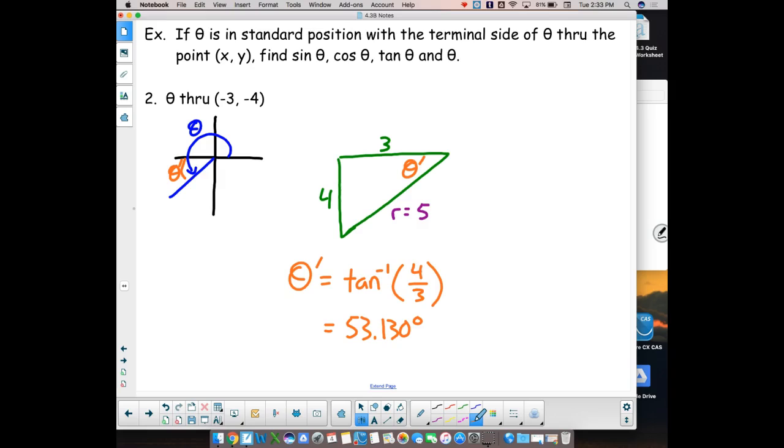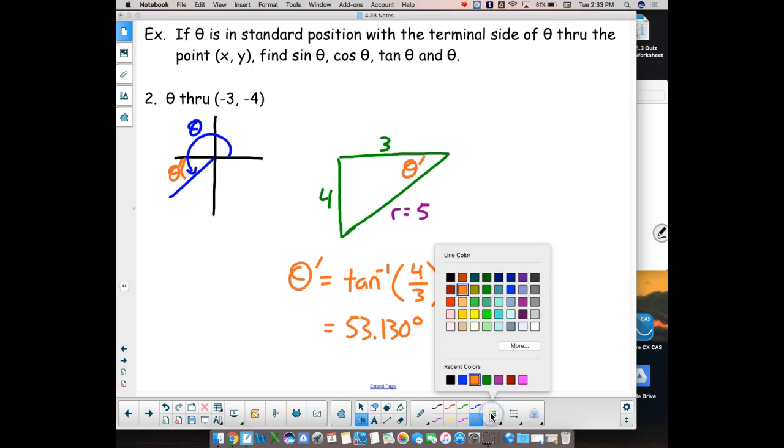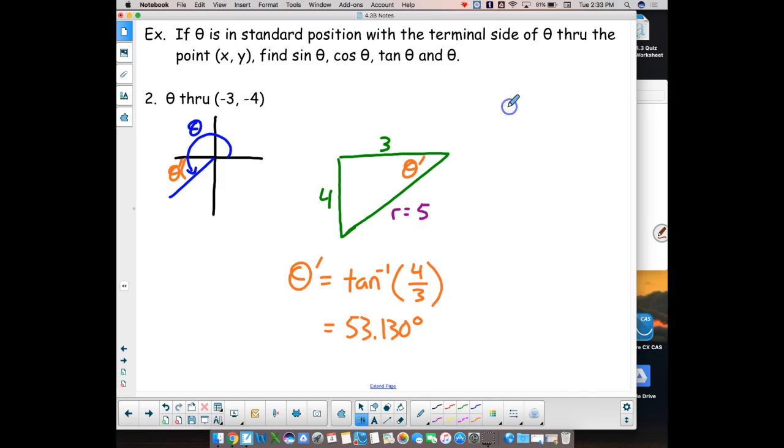Since this point lives in quadrant number 3, I take 180 degrees and add it to that to find my actual value of theta, which would be 233.130 degrees. That's my actual theta.